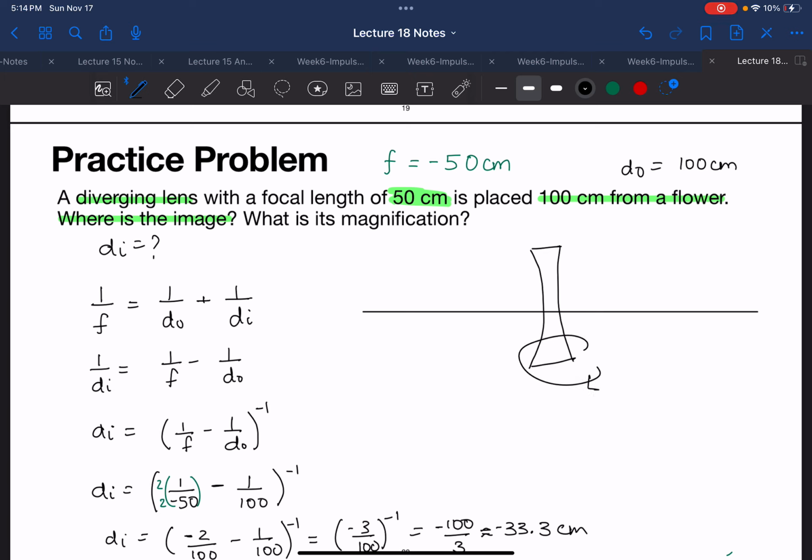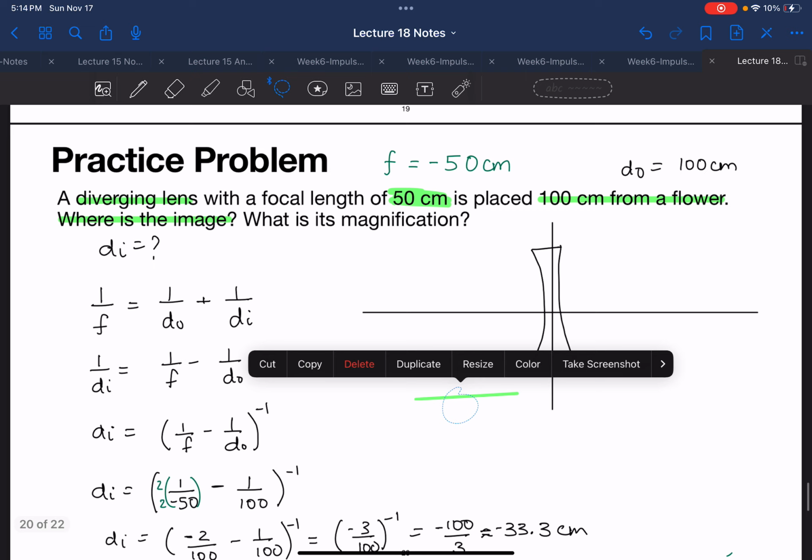So what I'm going to do first is just start by drawing a vertical line off of which I'm going to have all my rays converging, diverging, etc. And then here's how I will try to draw my diagram to be as precise as possible. So let's just say this distance is 50 centimeters.